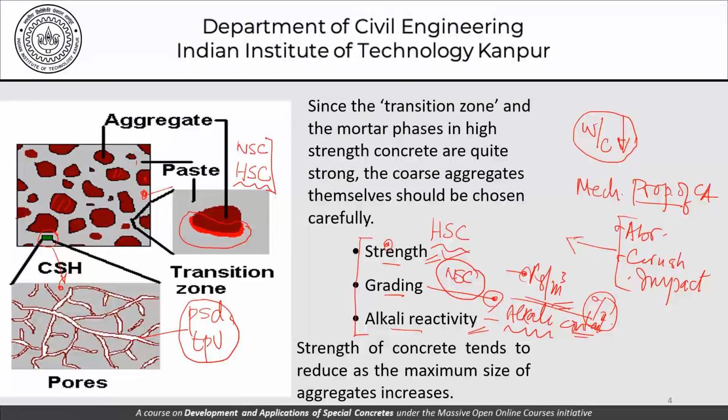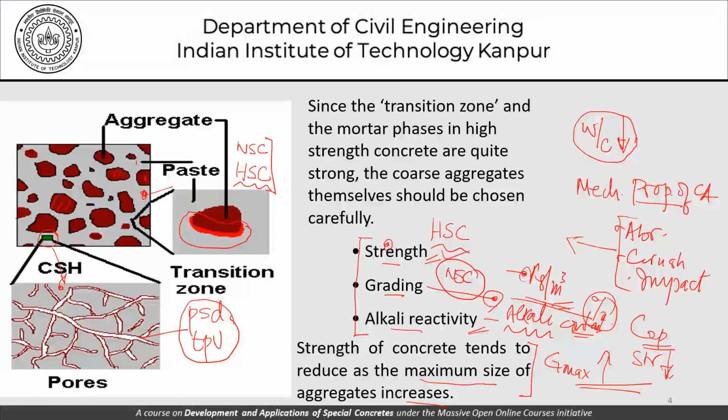The strength of concrete also tends to reduce as the maximum size of the aggregate increases. This is something which is known to us, that if we increase the Gmax, the maximum nominal size of the aggregates, the strength of concrete tends to go down. What happens as a result of this is that when we are talking of development of high strength concretes, we try to cap the maximum size of aggregates we use.